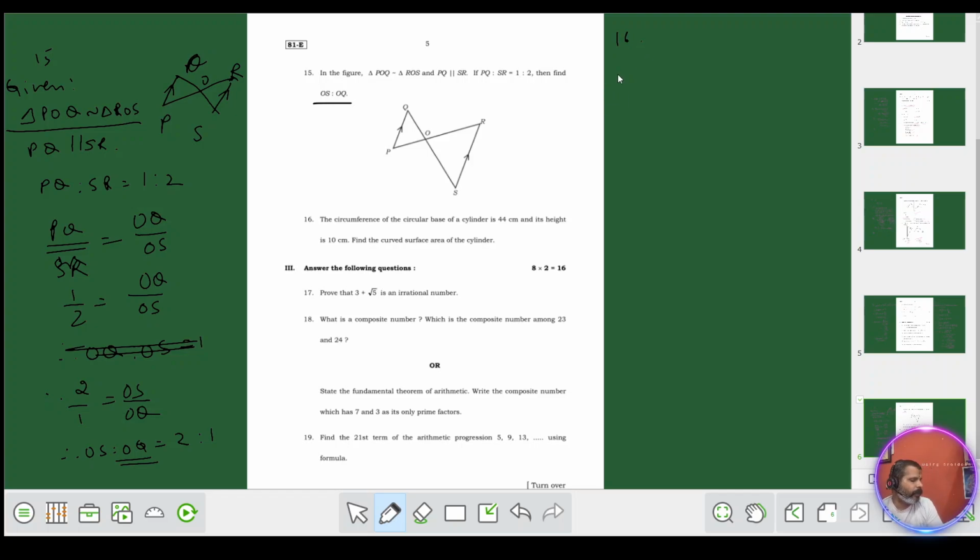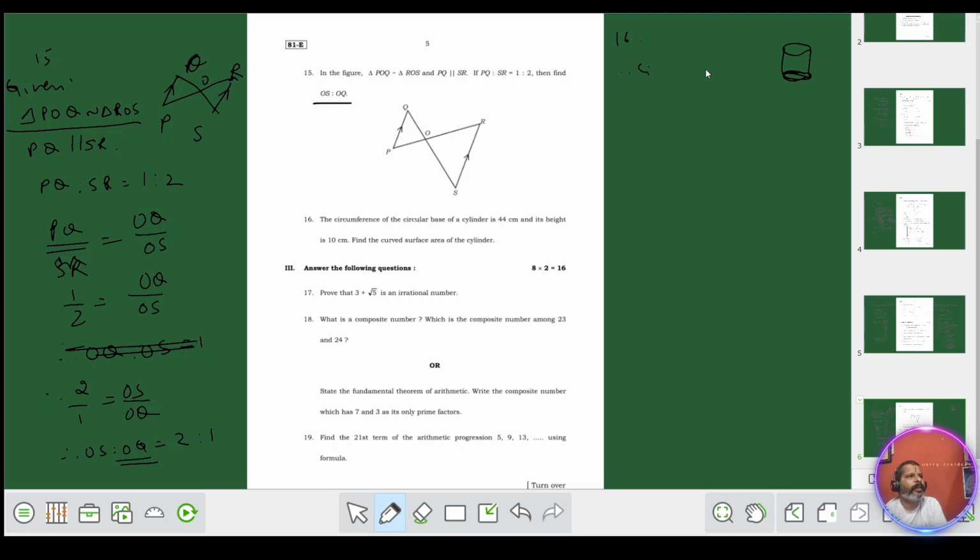The circumference of the circular base of a cylinder is given as 44 centimeter. Therefore, what is the circumference? It's 2 pi r, correct? So given circumference of the base is 44 centimeter and its height is 10 centimeter.